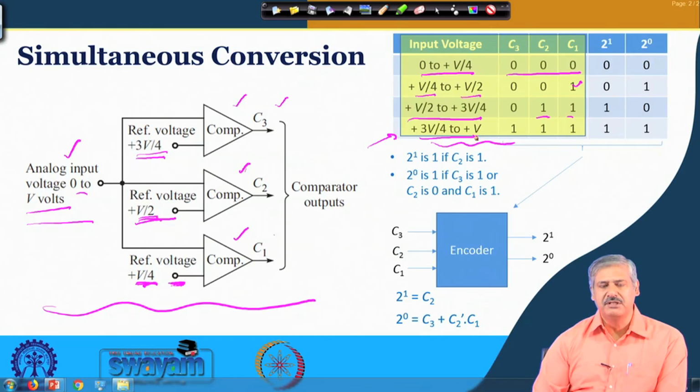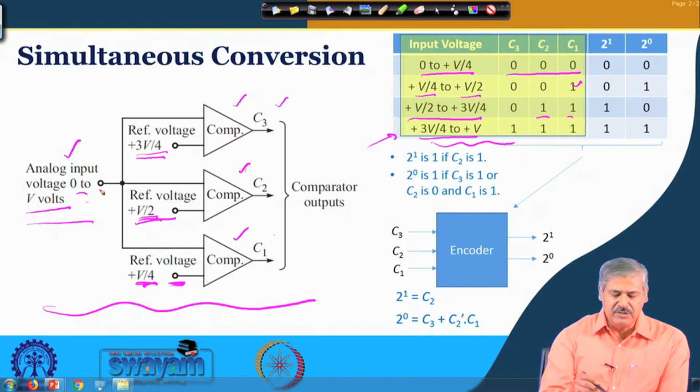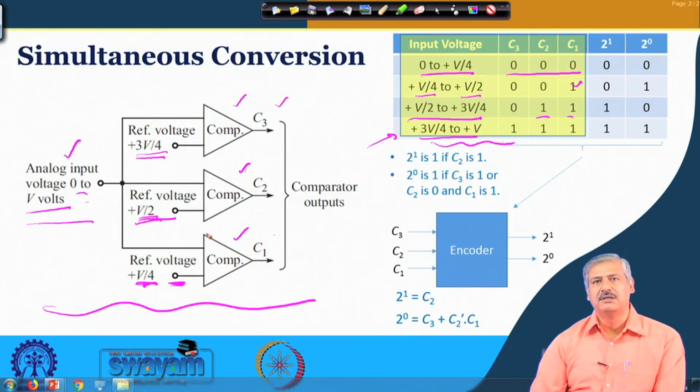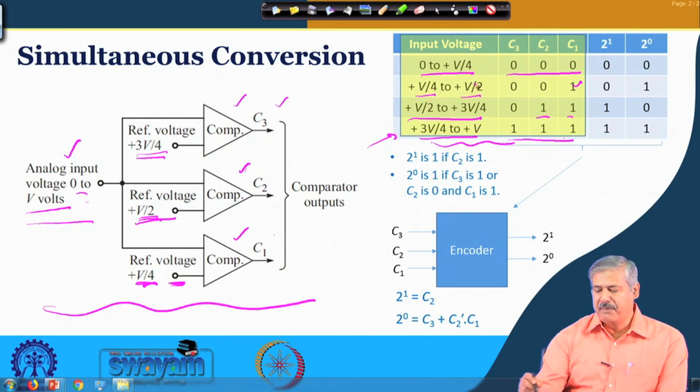In this range, the analog input voltage is more than the reference voltage for each of the comparators, so all of them will give an output 1, as you can see in this particular case. Is it clear? So, with three comparators we can see 4 ranges are mapped in this manner for the analog input voltage at the output of the comparators.